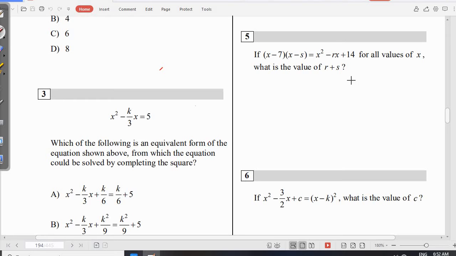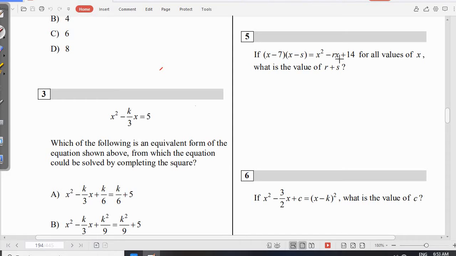I think what we can do here is difference of two squares for one of them, if this is equal to this. Let's just solve one of these and then see what we get.